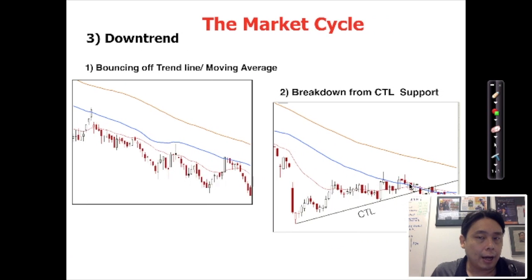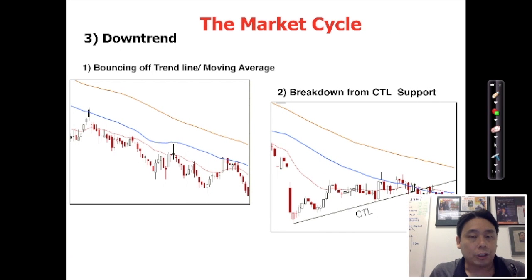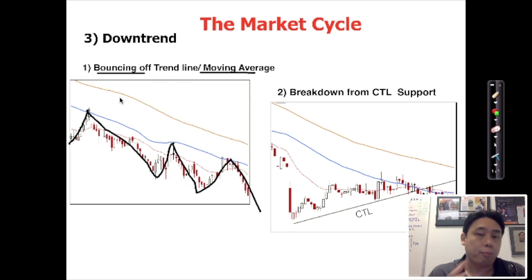So when's the best time to short the stock or the market on a downtrend? Well, again, it depends on the pattern, and there are various patterns. The first pattern you will see is when the price is bouncing off the moving averages. When you see this pattern, price is bouncing in a very predictable manner.